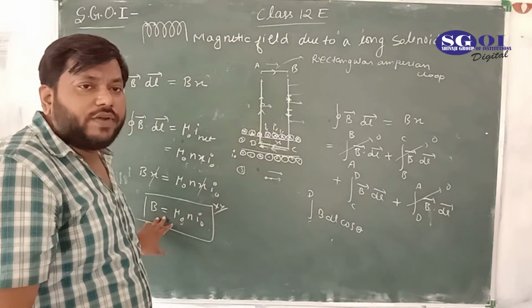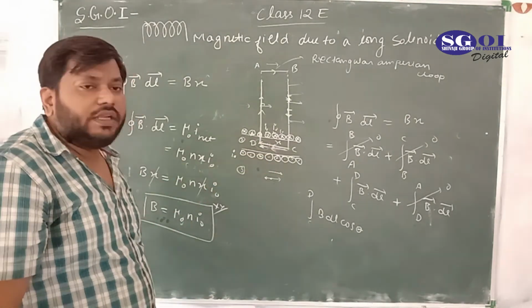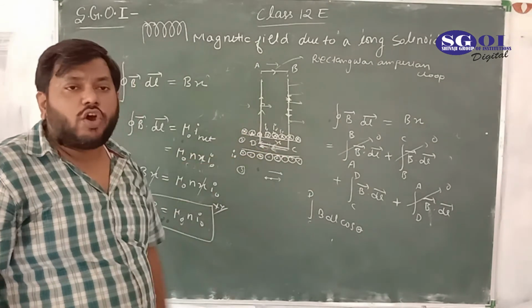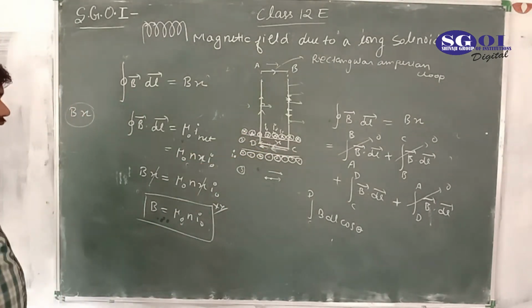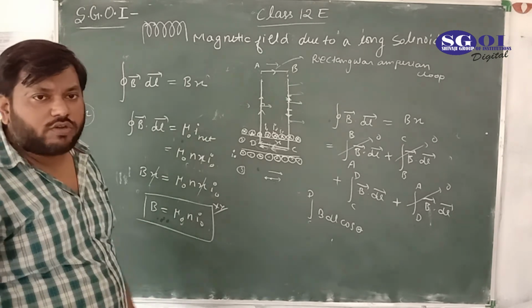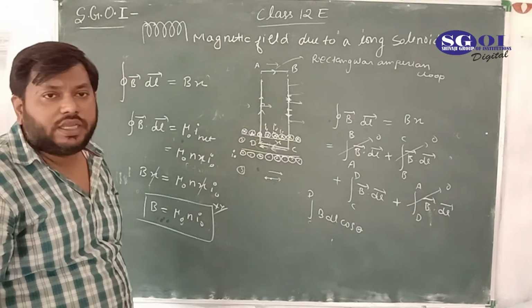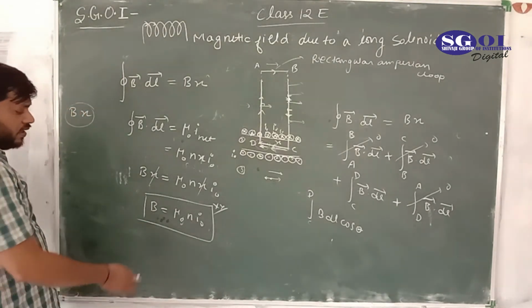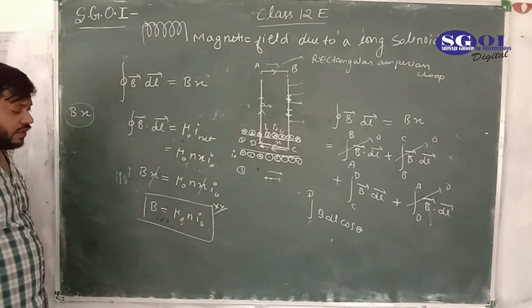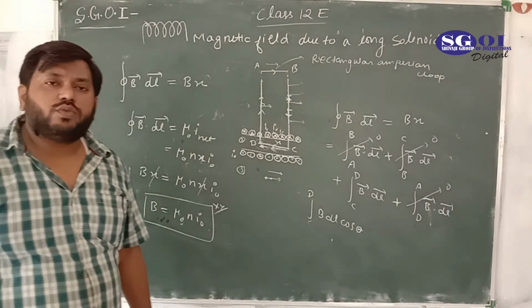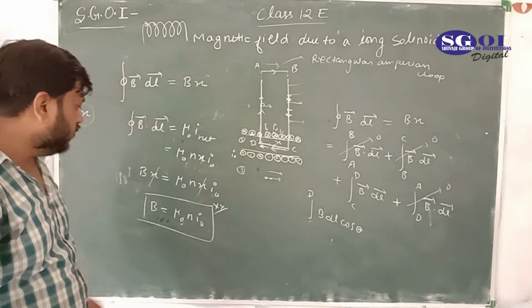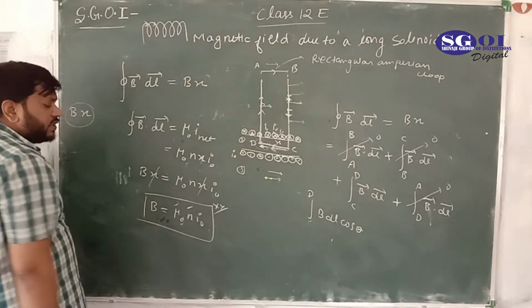This is the formula for finding the magnitude of magnetic field inside this long solenoid. Inside this long solenoid, mu naught n I naught. And you are seeing in this formula, n is the number of turns per unit length. It is a constant value. This is also constant.